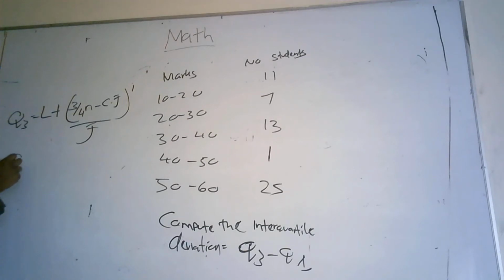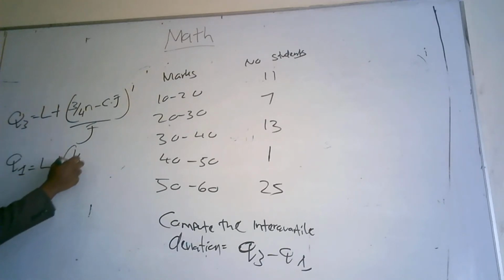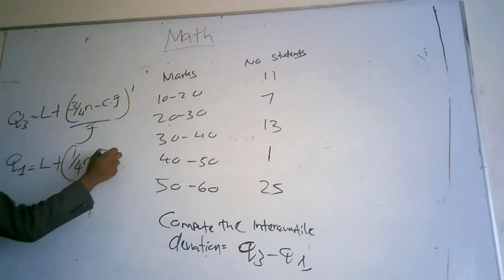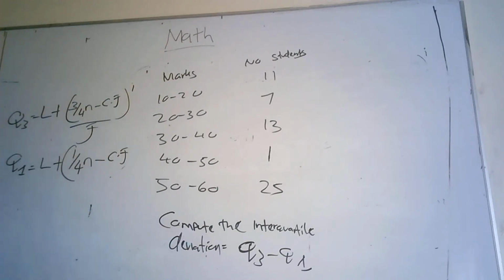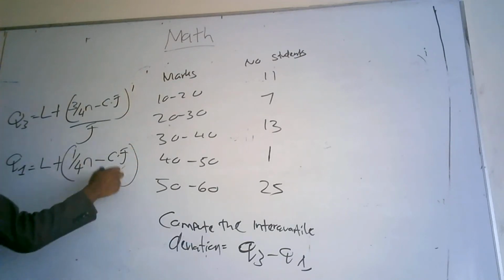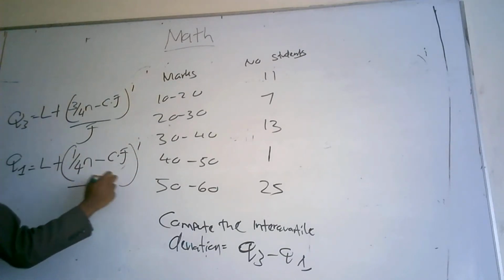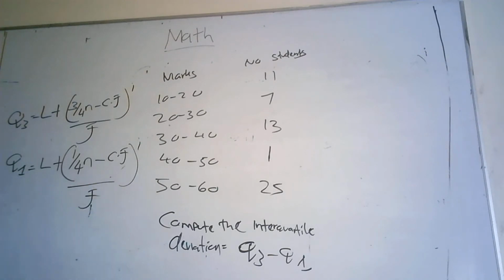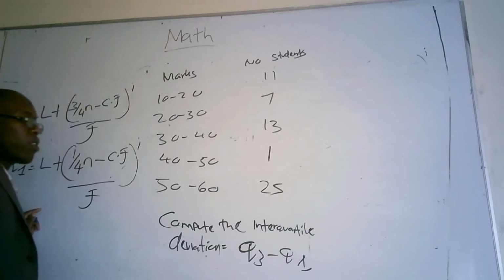And then Q1 is given by the lower class boundary plus, in brackets, 1 over 4n minus the cumulative frequency above quartile 1 class, we close the bracket, multiplied by the class interval divided by the frequency of quartile 1 class. That's how we are going to substitute the formula.